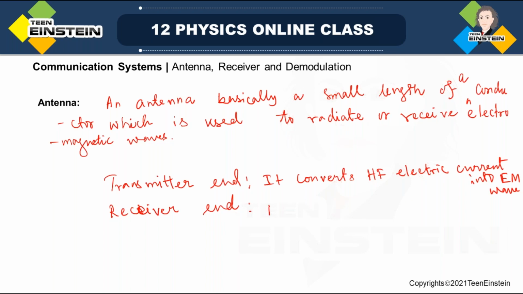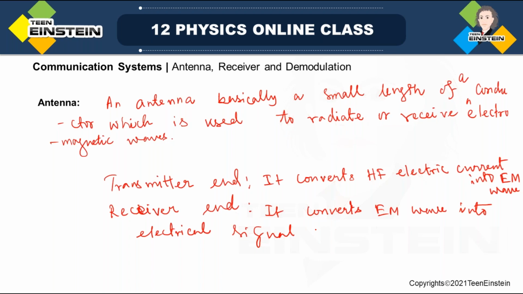That means it converts EM waves into electrical signal, and this is fed to the input of the receiver.